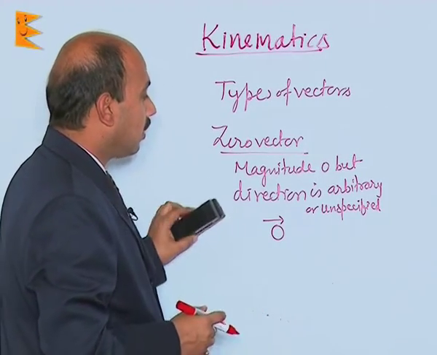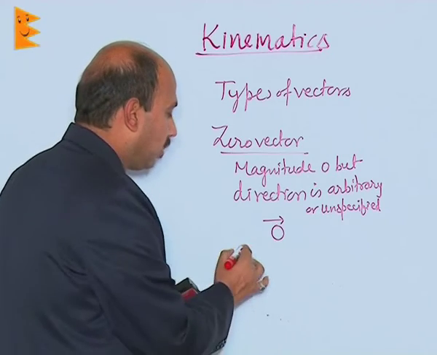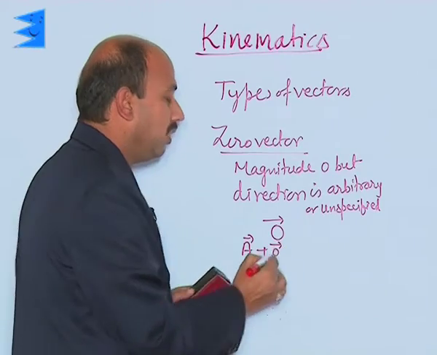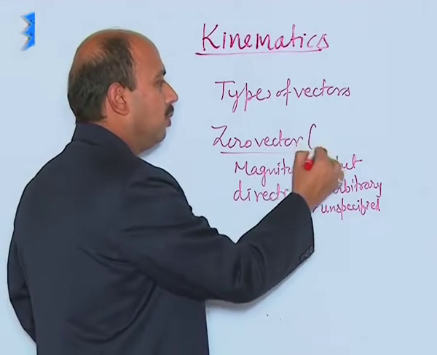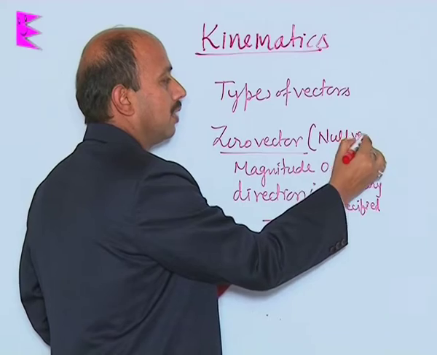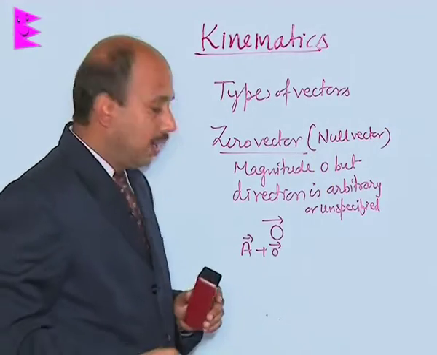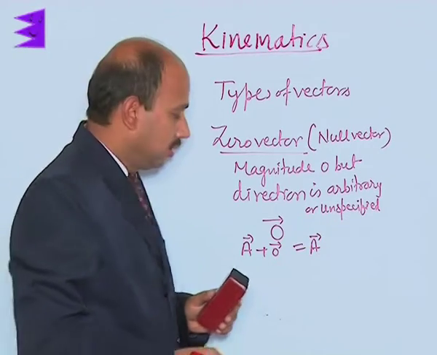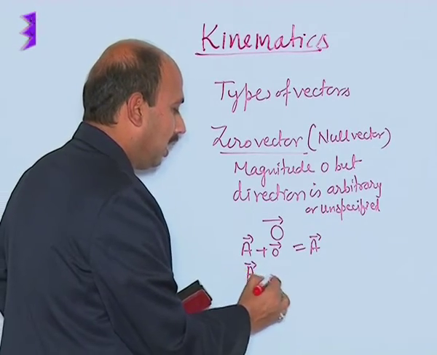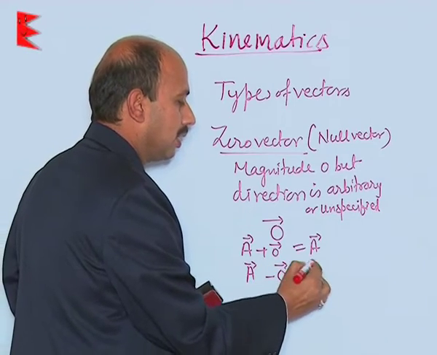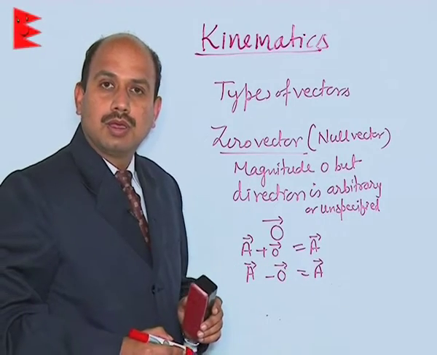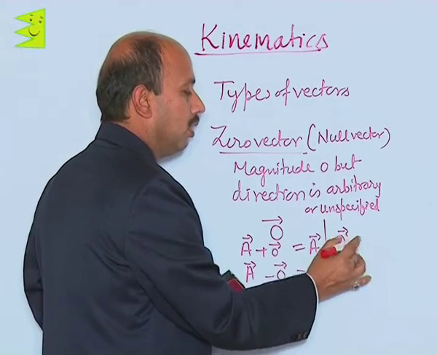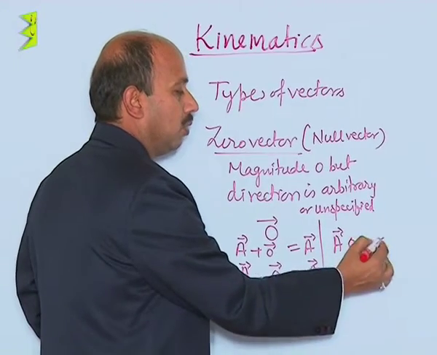Now, see here some properties. Suppose you have got a vector A and you add a 0 vector. When a vector is added to a null vector, this 0 vector we can also call null vector, you will not be getting any change in the answer, that will remain the vector A. Similarly, vector A minus null vector also remains vector A. Now, if you take a vector A and multiply by 0, that will become 0 vector.